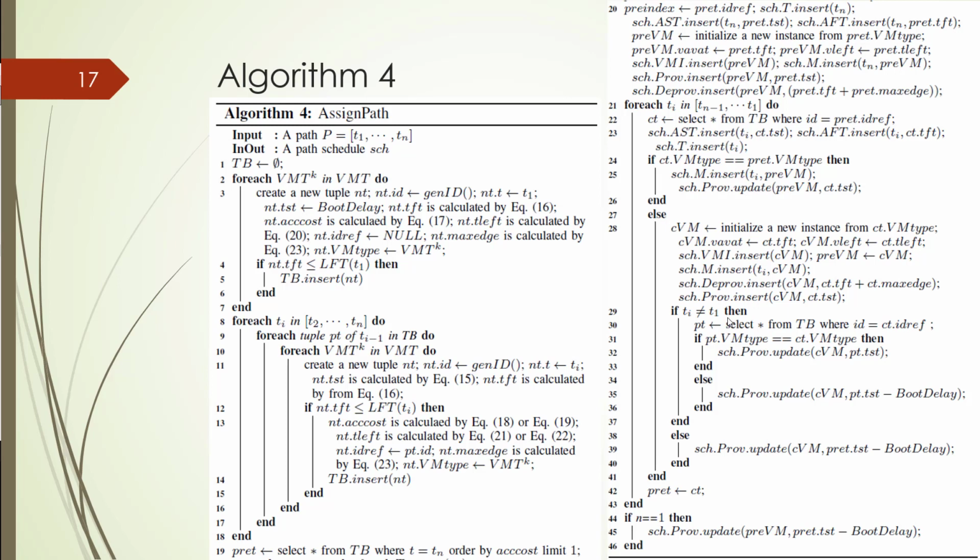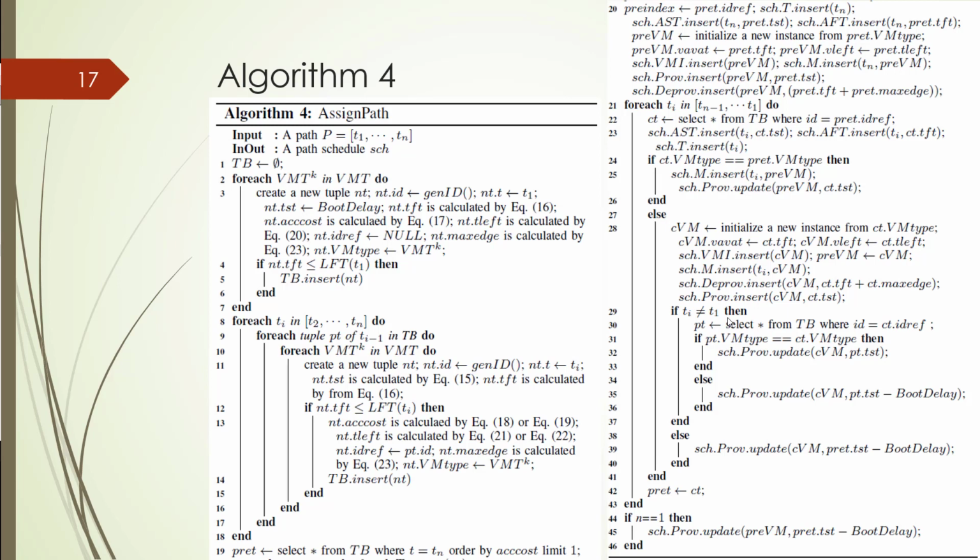Otherwise, its provisioning time will be updated with the PT TST minus the delay, because it should be transferred to another virtual machine. Okay, if the task is not the first task, the provisioning time of the scheduler will be updated with the CT virtual machine type and the TST minus the data transfer time, and the CT at last will be updated to the pred.